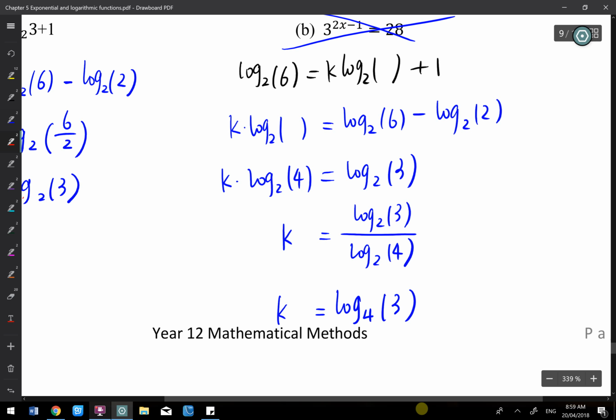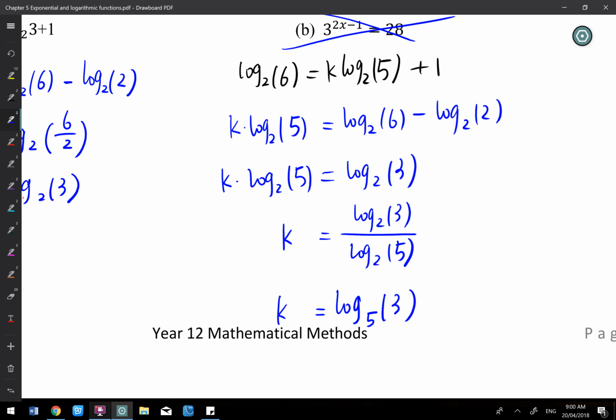Maybe change to a better number, 5. Well, you don't need to change it as long as you understand it. So it's log 2 3 divided by log 2 5, and then I can make it log 5 3. And Shreya's correct. If it's log 2 4, I can make it into 2 and then just divide by 2.